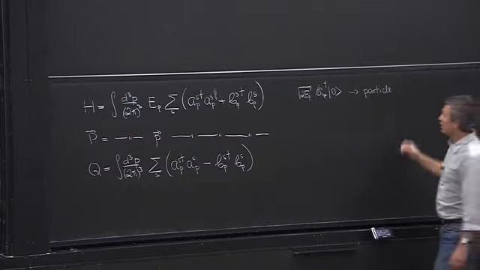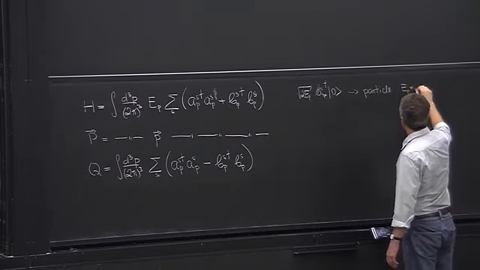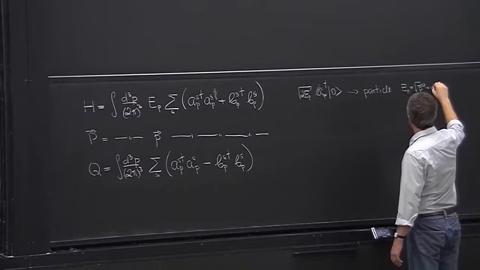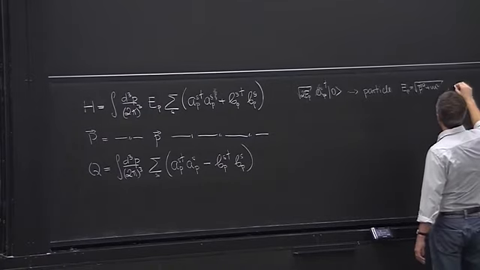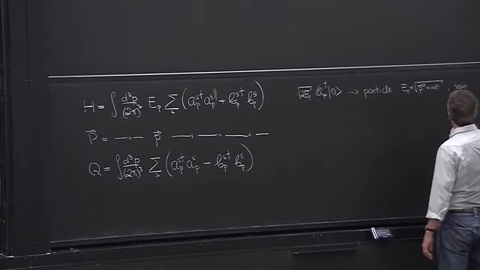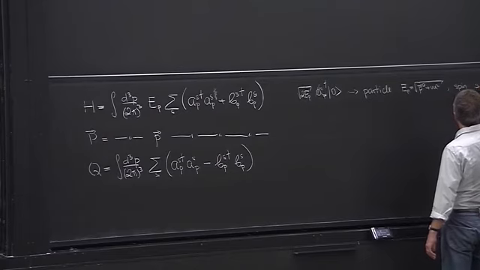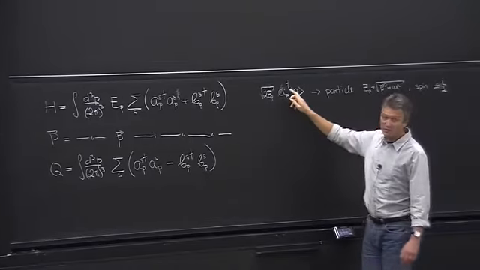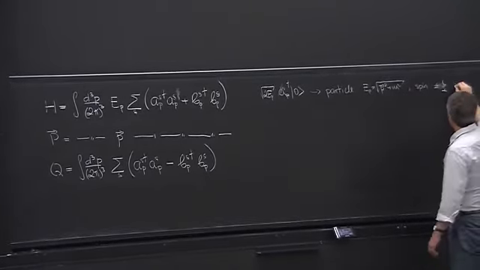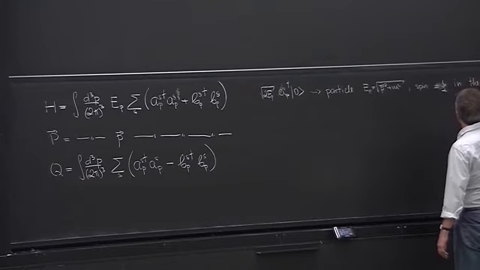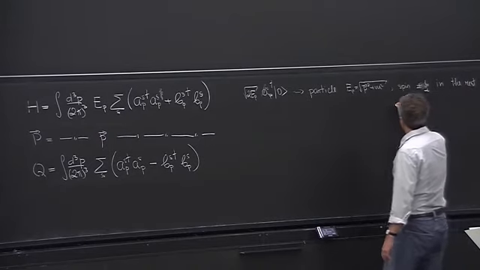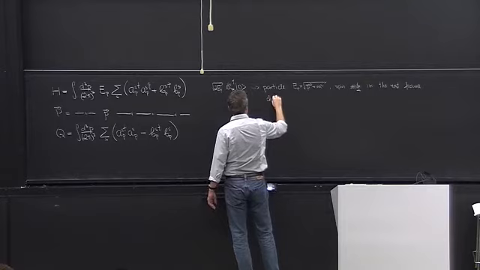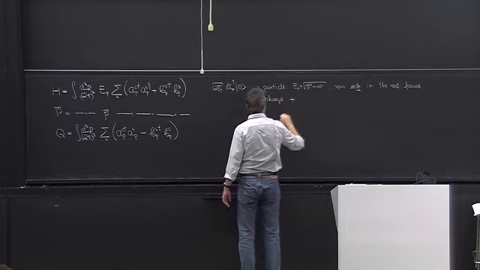which has energy E and momentum P, spin S, which is spin plus or minus 1/2, depending on this label, in the rest frame. And the charge +1.